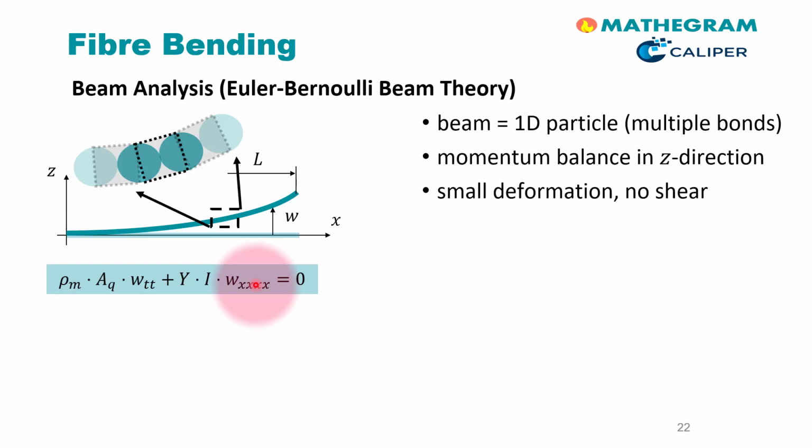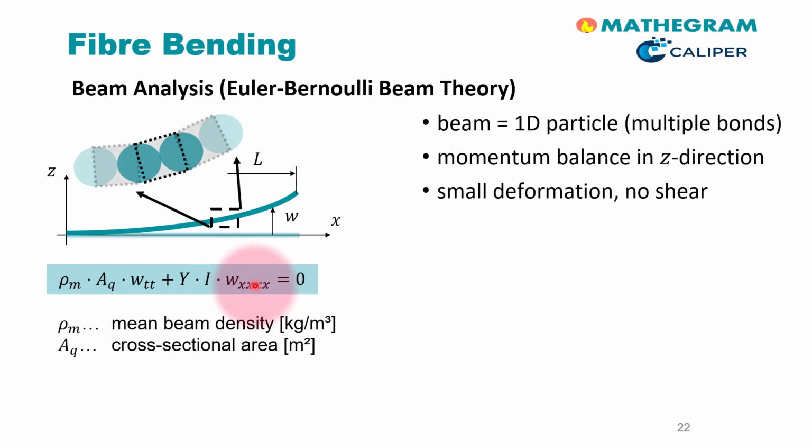This latter term is difficult to interpret on the first view, but as you will see once you dive deeper into literature, it simply quantifies the restoring force due to the bending of the beam. Thus, in essence, this equation balances the local inertia of the beam with the local restoring force due to the beam's internal stress as a result of its deformation.